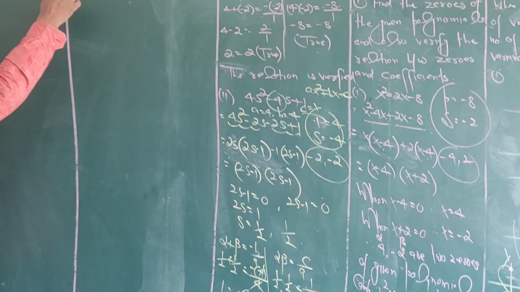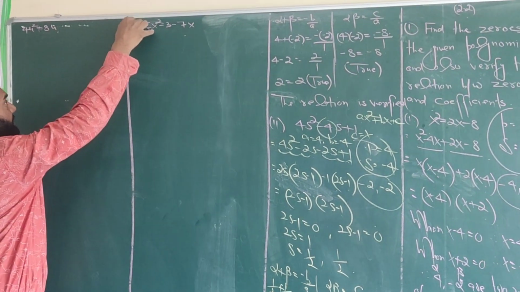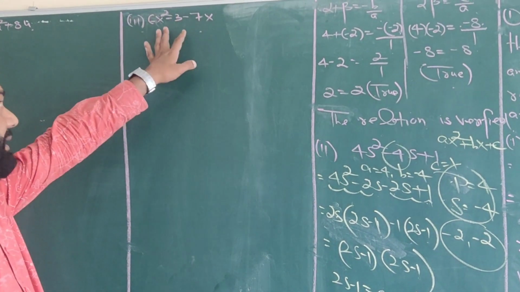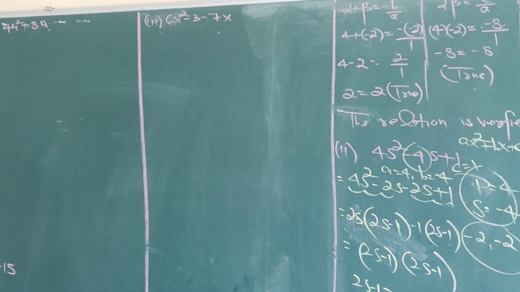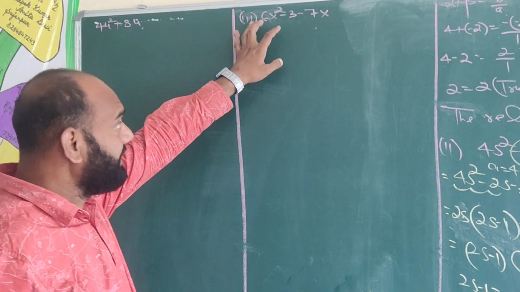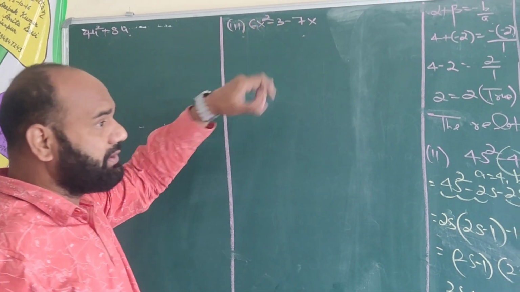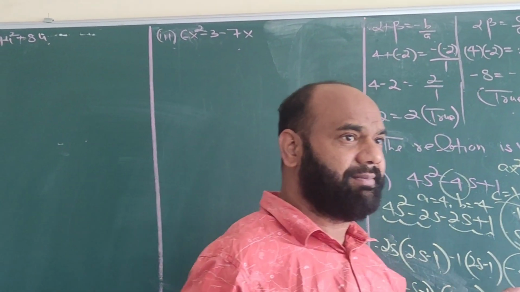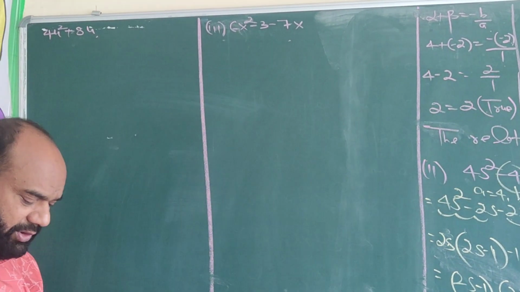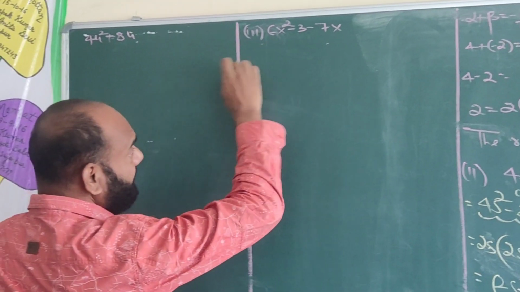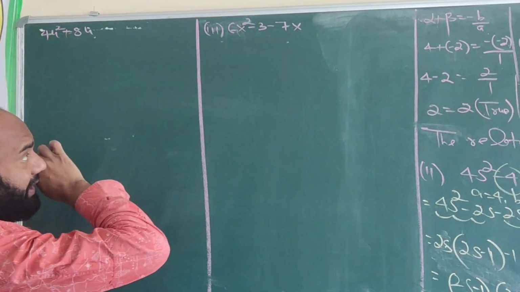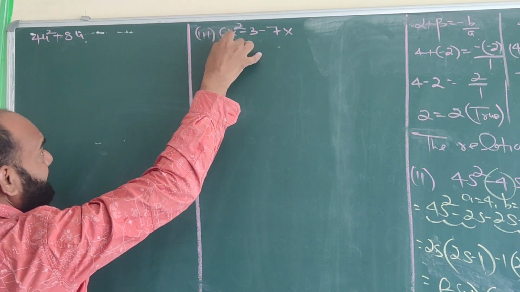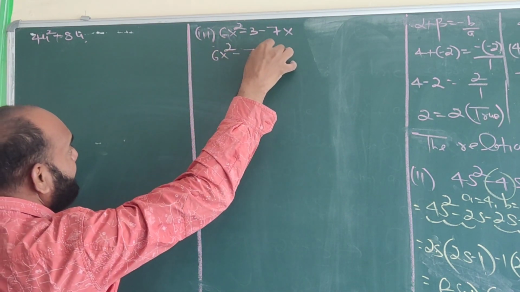And its third part is the same kind of question. Find the zeros of the polynomial, and also verify the relation between zeros and coefficients of the polynomial. In this question we see that this is not in proper standard form, because in proper standard form, first is the x square term, secondly the x term, and thirdly the constant term. So first we write the given polynomial in the proper way, which is 6x square minus 7x minus 3.